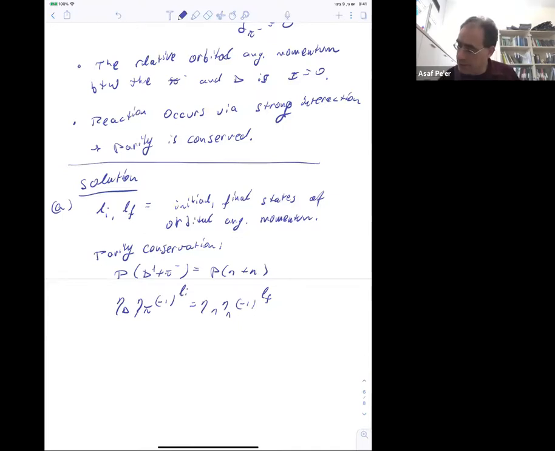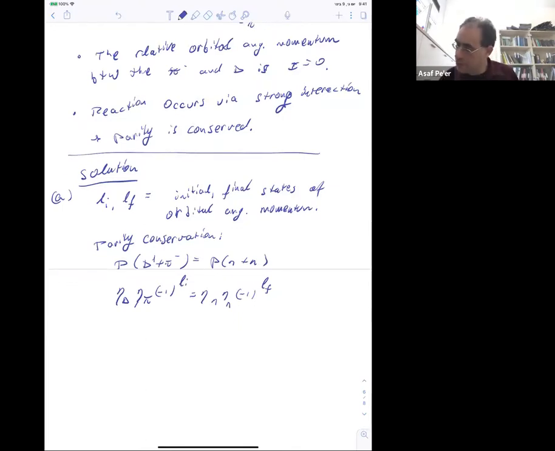Now Li, the initial orbital angular momentum, is just the angular momentum of the deuterium, which I said is L_D equal to 0, plus the relative orbital angular momentum, which I also stated is 0. That's kind of easy.